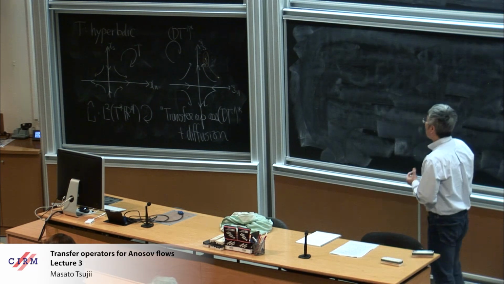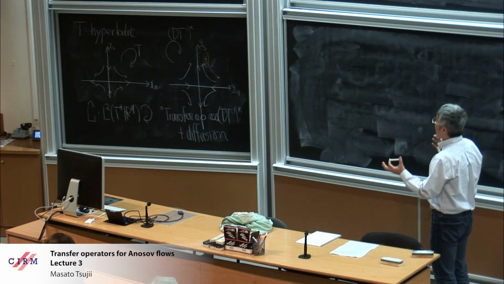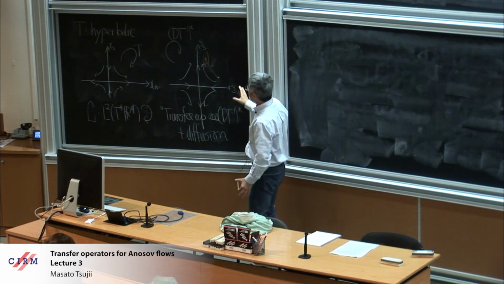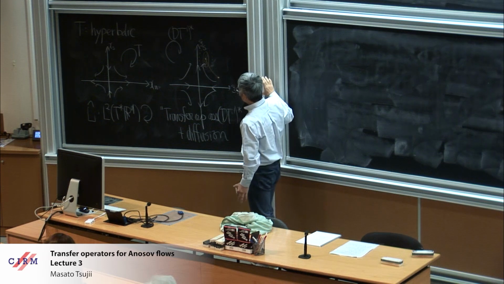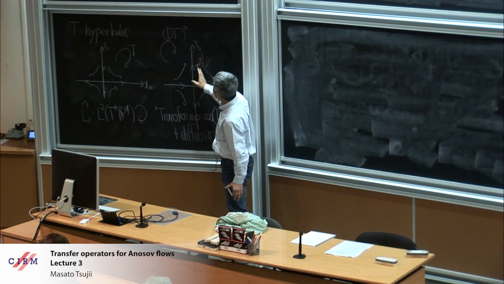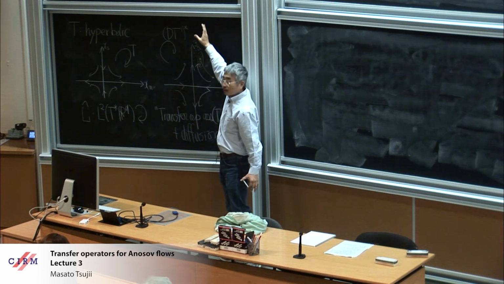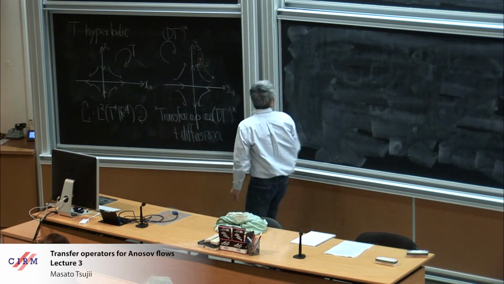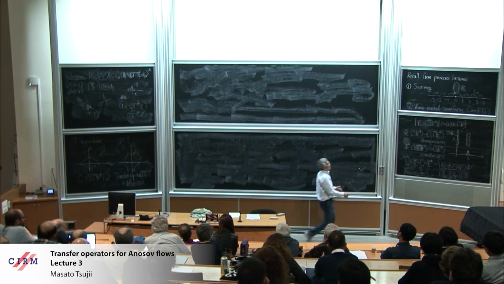Now, I think at this moment things are rather clear. If you consider a function on this space, something comes from the EU direction and goes out after a long time to the CS direction. This motion corresponds to L0.